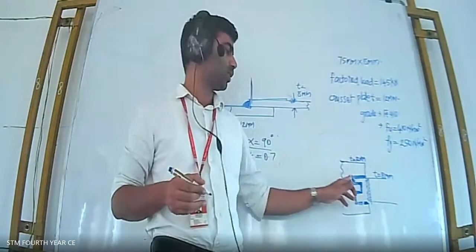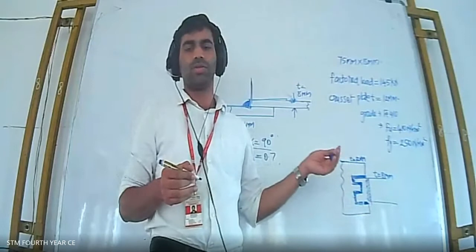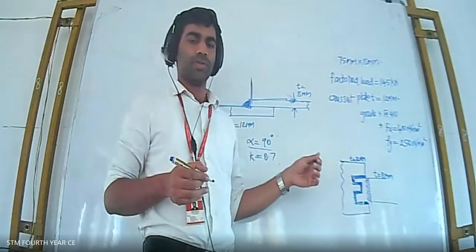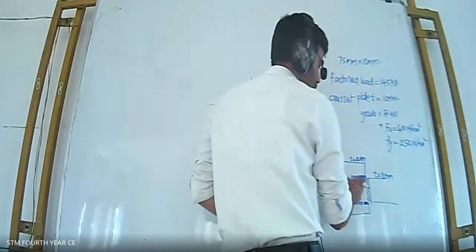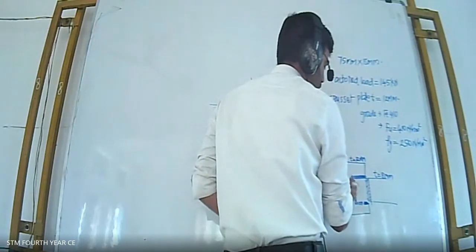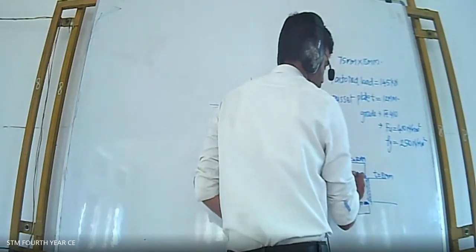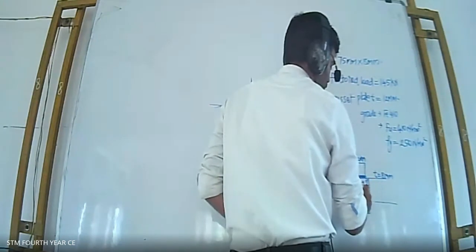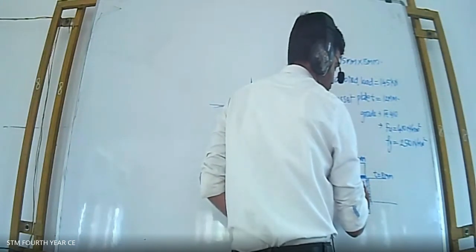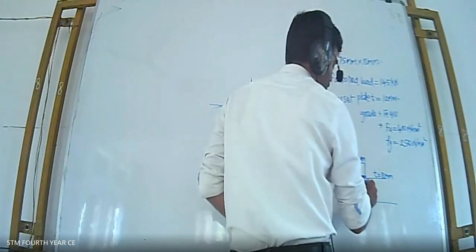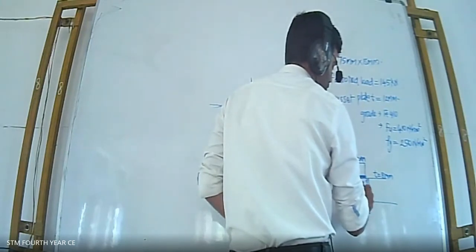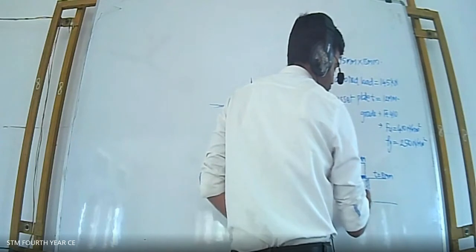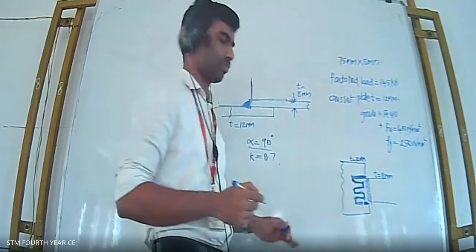So this much length will get added to the weld length. And if even this length is not sufficient, as you will find in design situations like this, then what should you do? You have to make two slots like this.